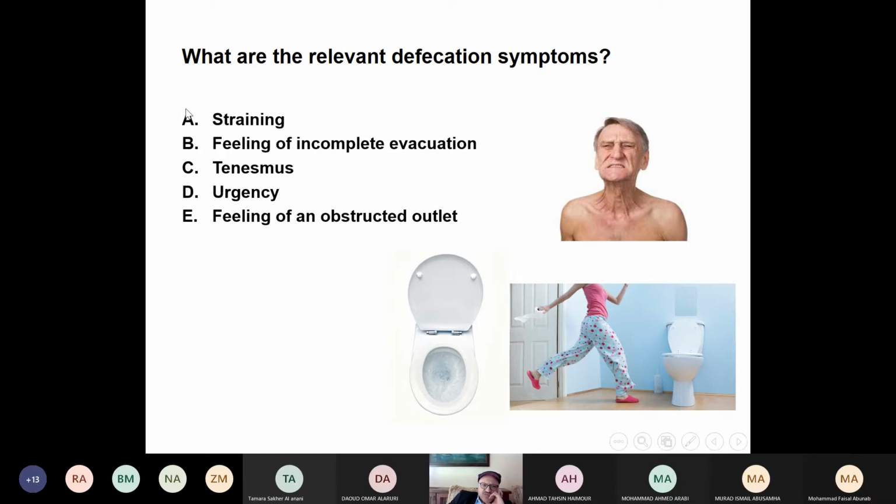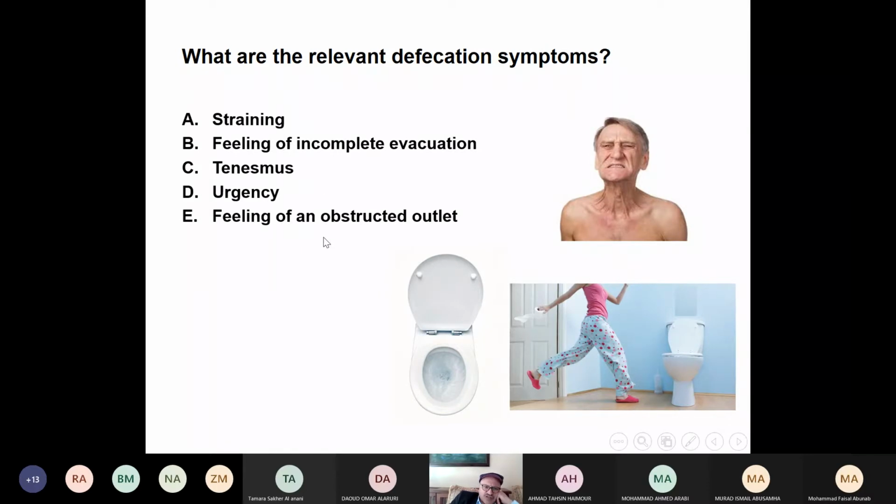So, if there is a pathology in the rectum or near the rectum, the more the problem is near the rectum, the more you will have of these symptoms. Because tenesmus means that there is a desire, but it is not caused by the stool. Feeling of incomplete evacuation, the stool is partly responsible for the desire. Straining, there is a desire, but the patient still feels that he needs to push more in order to get rid of this desire.